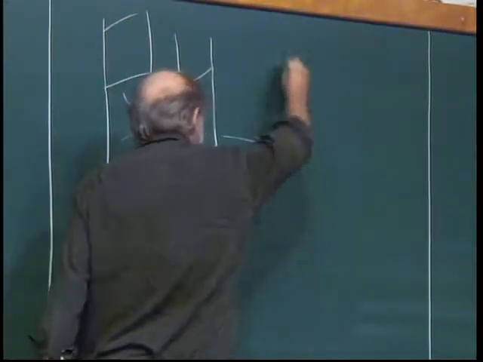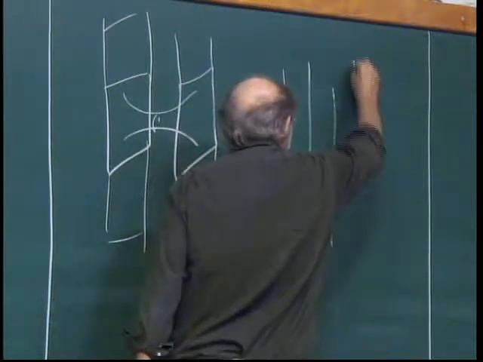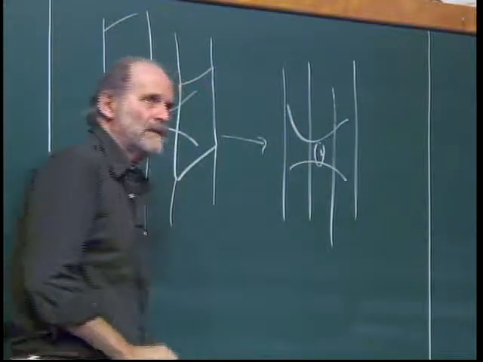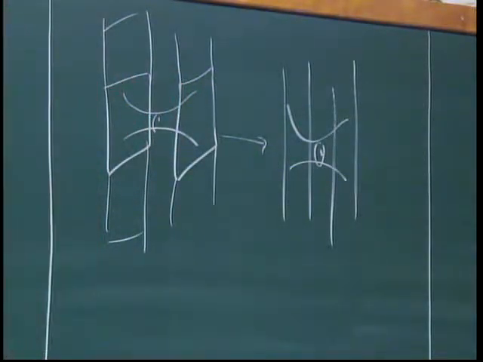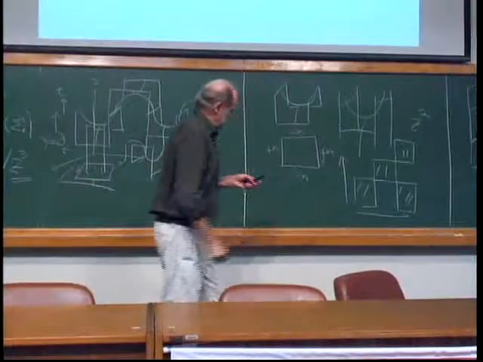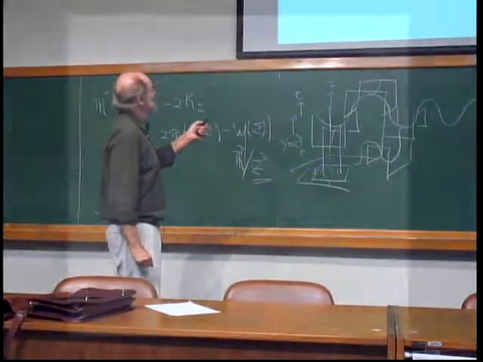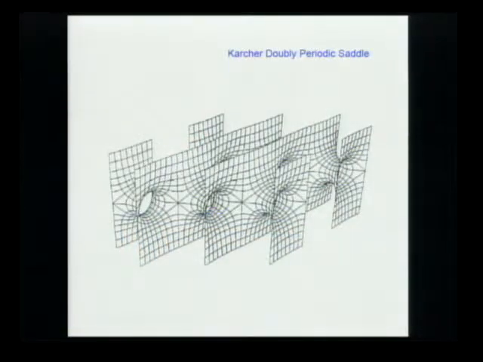You can pass to the limit and get 4 vertical lines and show there's a minimal surface which has the topology of an annulus that's bounded by those 4 vertical lines. Then you can get a global periodic surface by doing all the rotations by pi about the 4 vertical lines to get a doubly periodic minimal surface, and that's this surface here. So you see, here's the 4 lines. Imagine that going up to plus infinity. Here's the handle. You do all the symmetries and you get this doubly periodic surface.